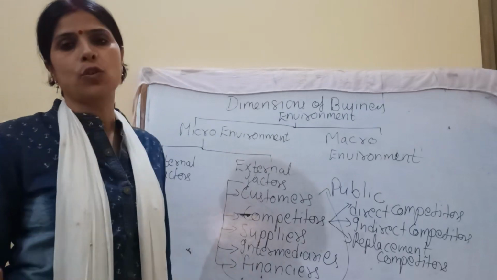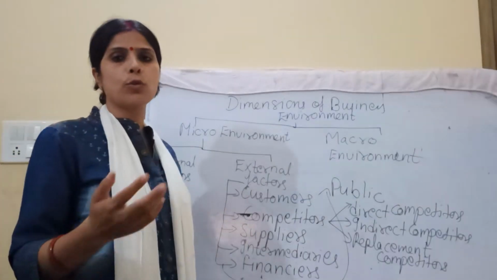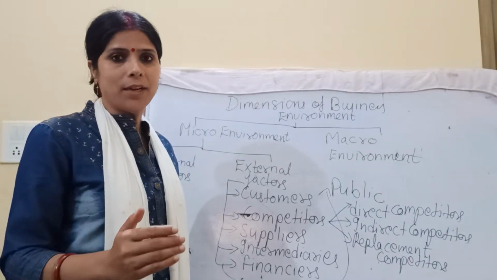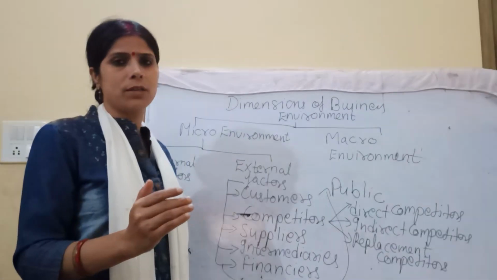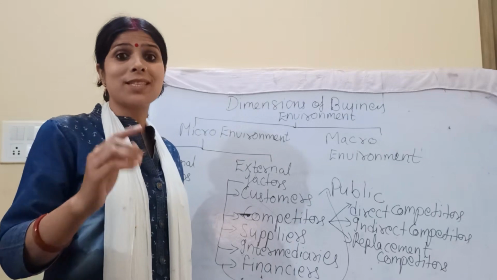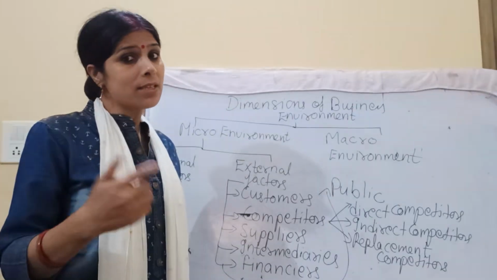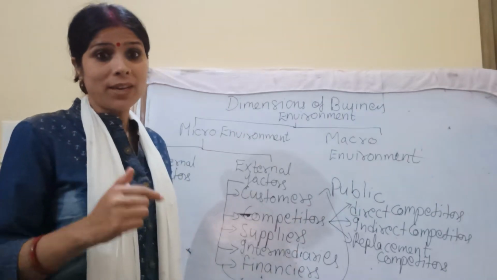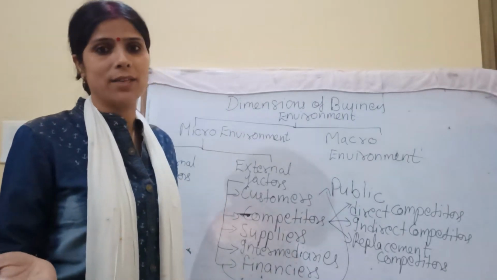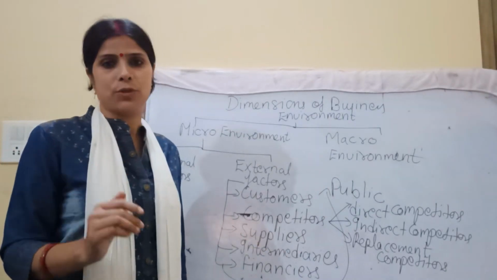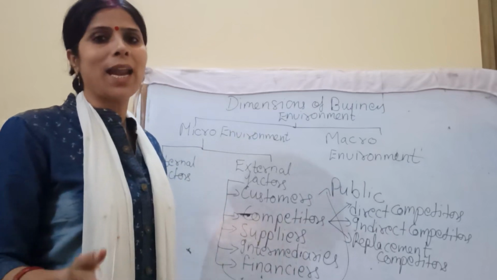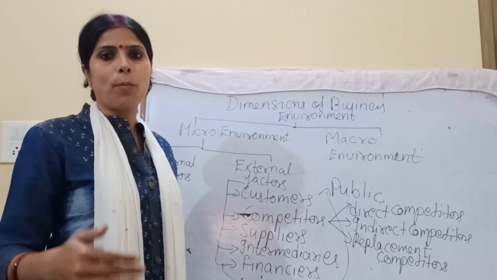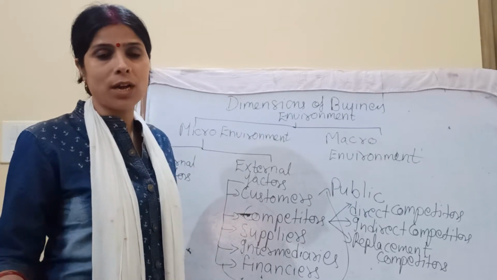What are direct competitors? Direct competitors are those companies who are in direct competition, who are producing the same product, selling the same product and targeting the same customers, but they are of different brands. As I gave you the example of television, Sony can have competition with LG, Samsung, Onida.